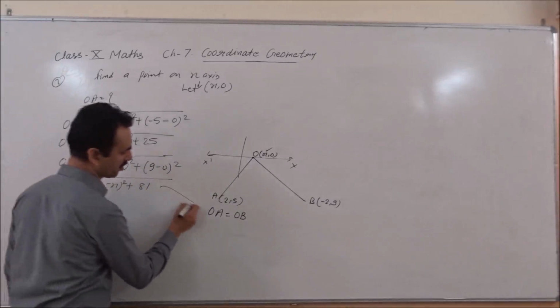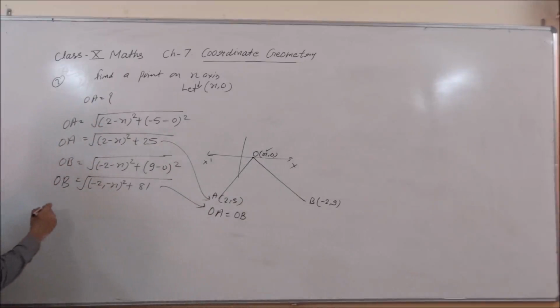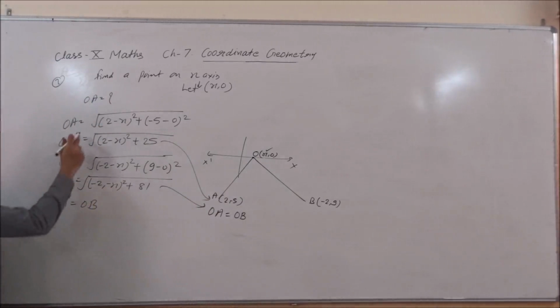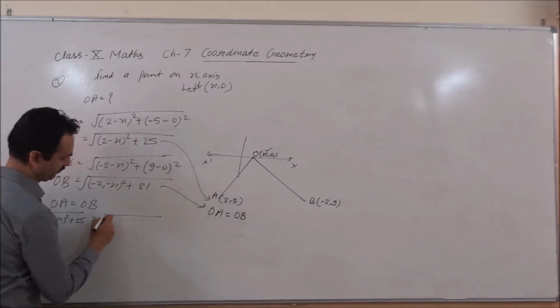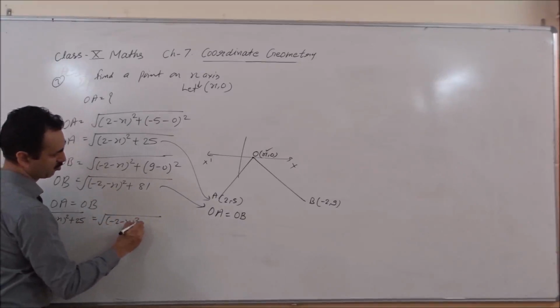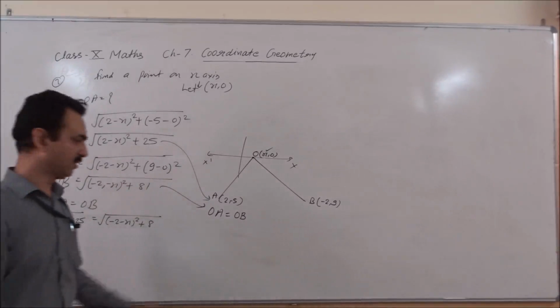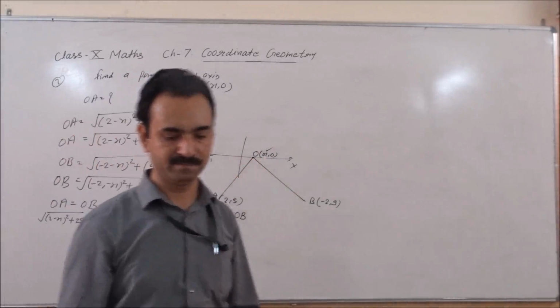And when you use in this formula, because OA equals to OB is given, we write OA equals to OB and we put the value of OA, OB. So this will be root of (2 minus x) whole square plus 25 equals to root of (-2 minus x) whole square plus 81. And when you solve this equation, you will get the value of x, right? And this will be put in the coordinate and you will get the answer.